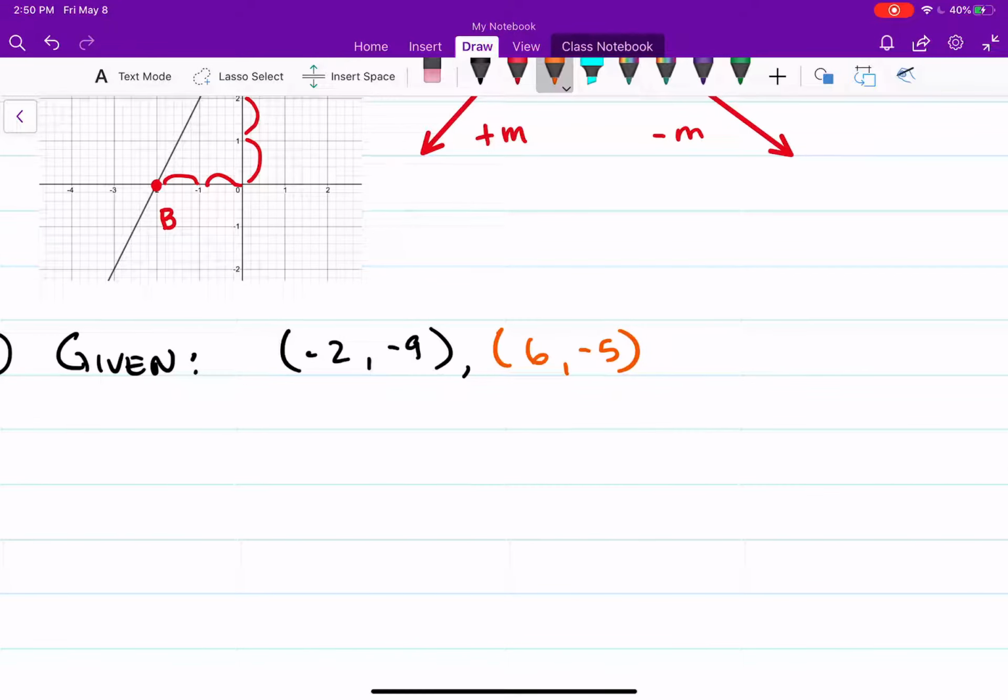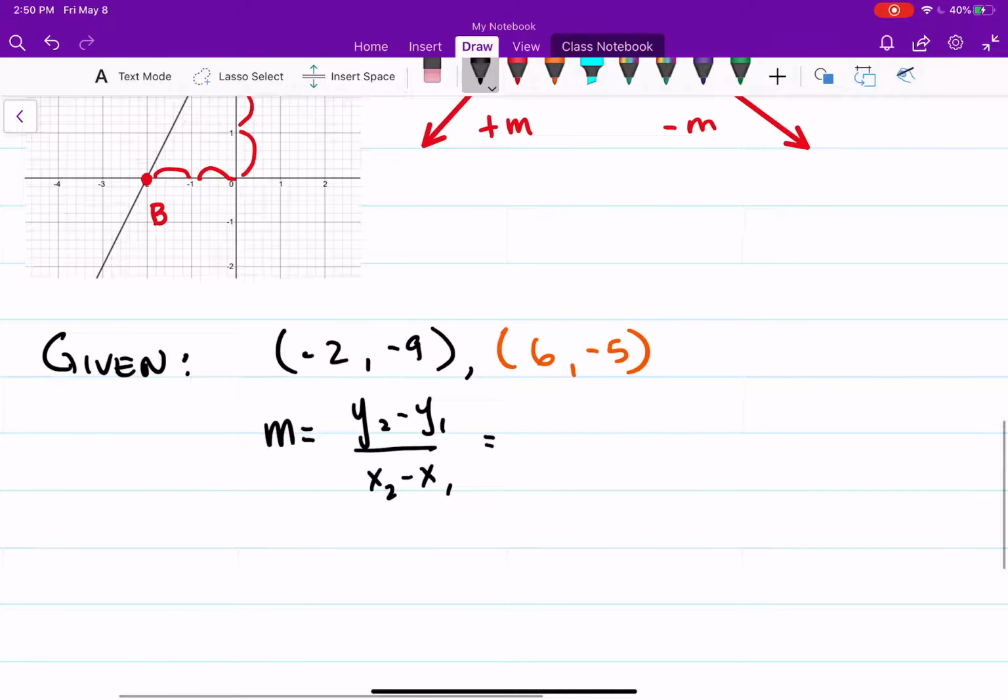So if I want to find my slope here, then if I do y2 minus y1 over x2 minus x1, and I decide that the orange point goes first, then I have -5 here and 6 here.